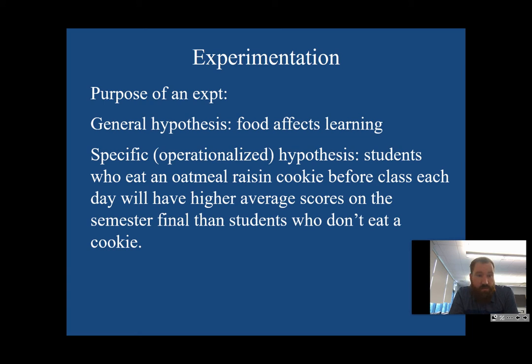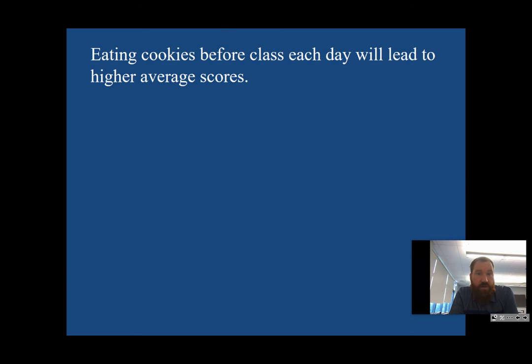So let's move forward here and start talking about some of our experimental variables. Okay, so if eating cookies before each class will lead to a higher average score, that is a more simplified version of our more specific hypothesis. Then we have to think about variables. And when you think about variables in science, you should always be thinking about independent and dependent variables. And we have them here in psych too.